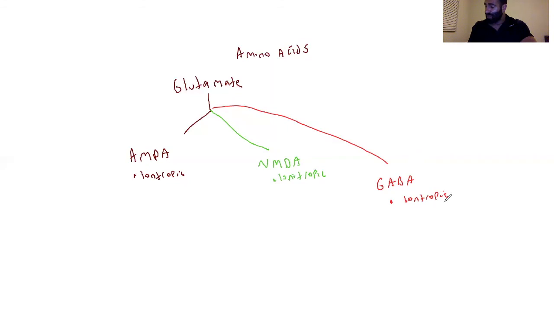There are other things that can act as neurotransmitters: peptides, gases. For example, there's a gas called nitric oxide, which also acts as a neurotransmitter of sorts. So those are examples of neurotransmitters.